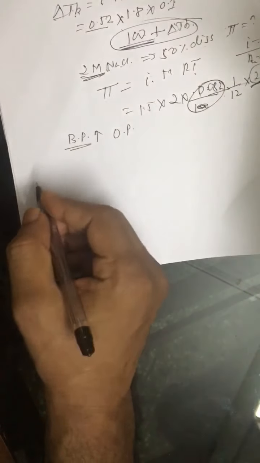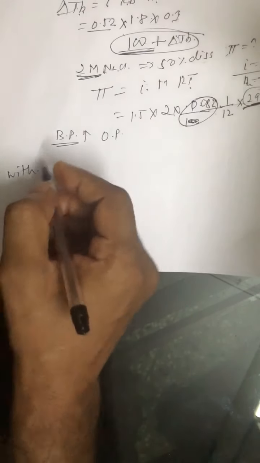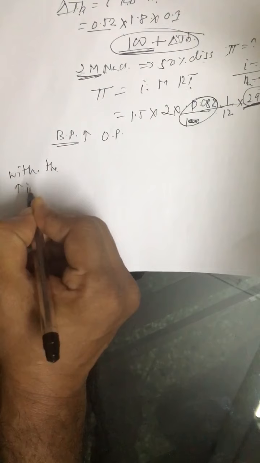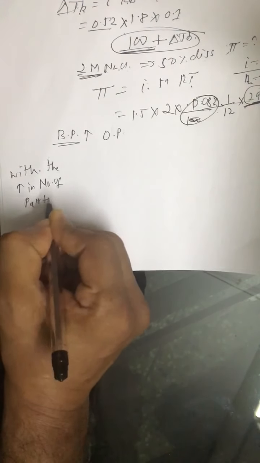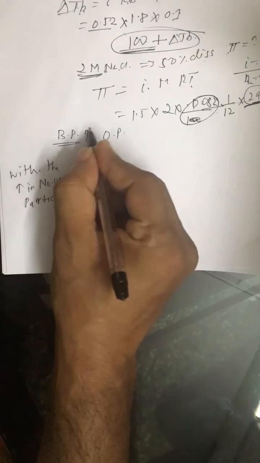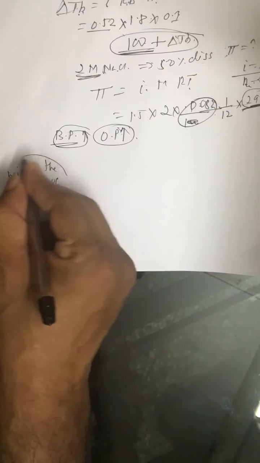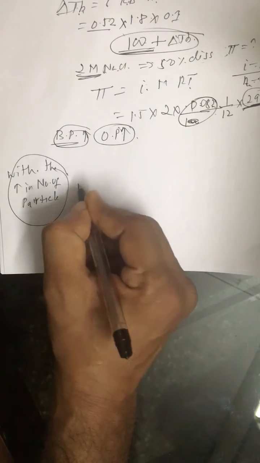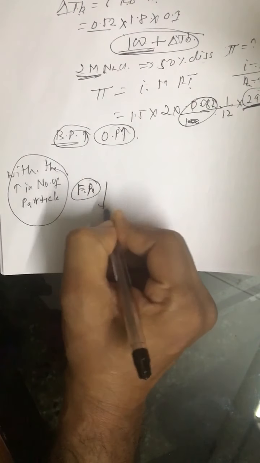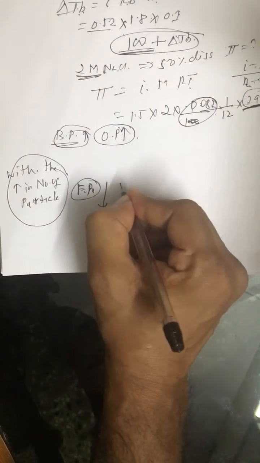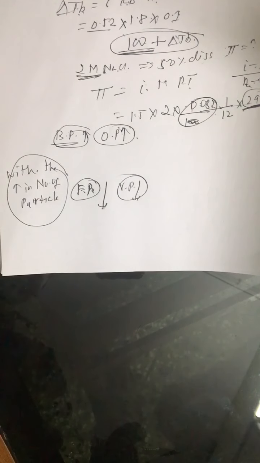With the increase in the number of solute particles, boiling point and osmotic pressure increase, and with the increase in the number of solute particles, freezing point and vapor pressure decrease.